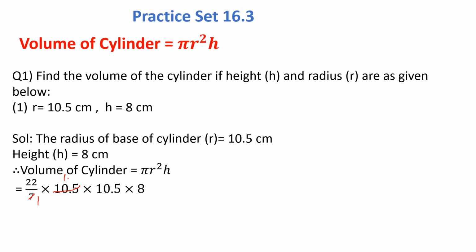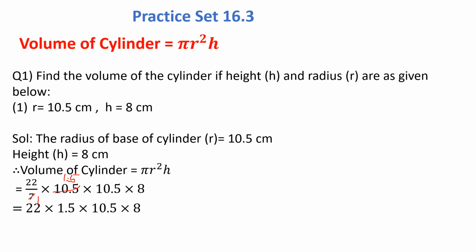Okay. Then 3 and then 5 will come. So it will become 35. So 7 5s are 35. So you'll write down 5. So what do you get, students? 1.5 over here.